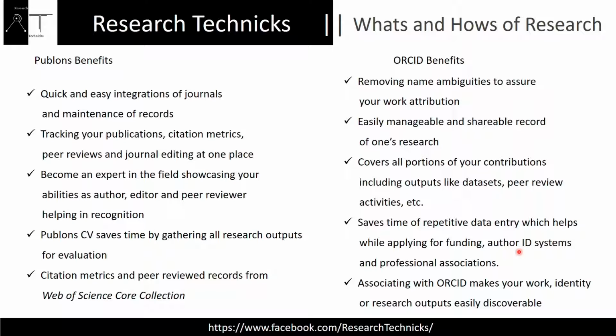And during publication, some journals ask for ORCID ID, Publons ID, Researcher ID, like that. These are all automated systems, so all this helps you in recognition, making your own identity, and your research will be credited to you and you only.